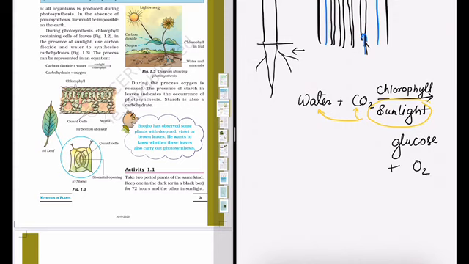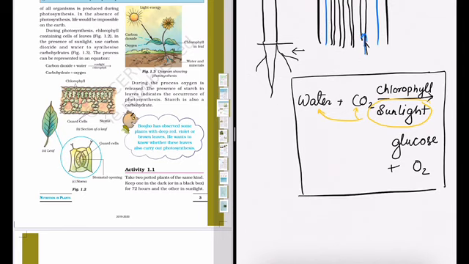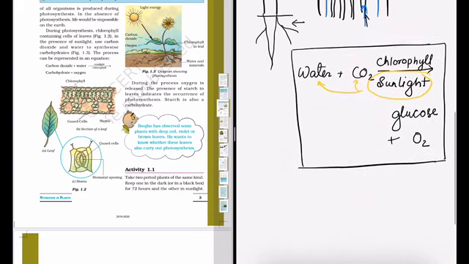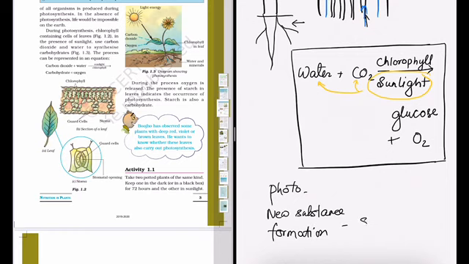So this whole process in which a new substance is formed in presence of light. Now, light means what? Photo. And formation of a new substance is called synthesis.